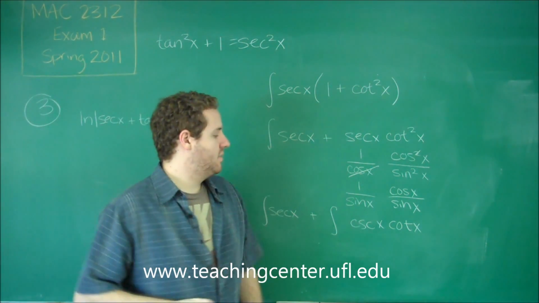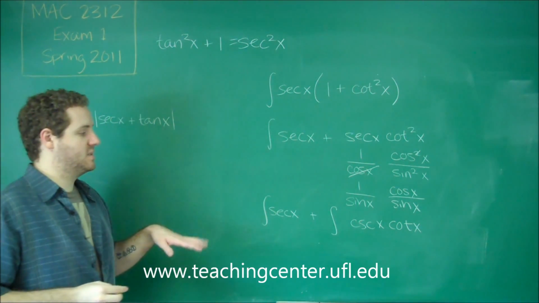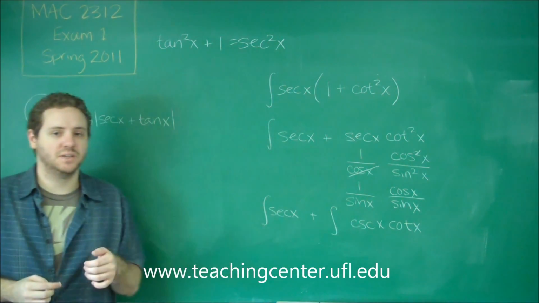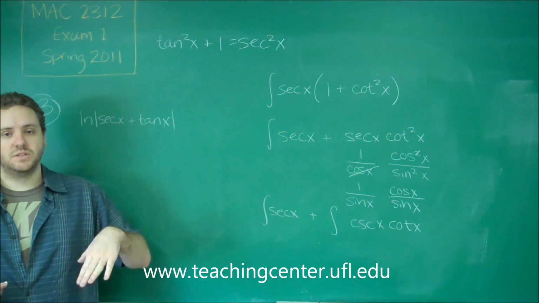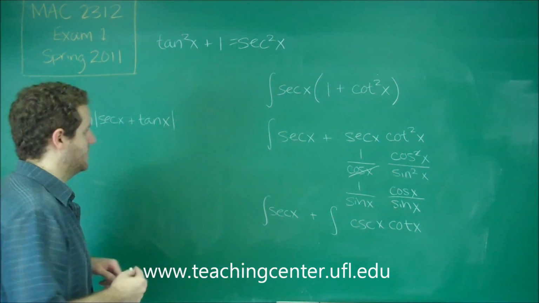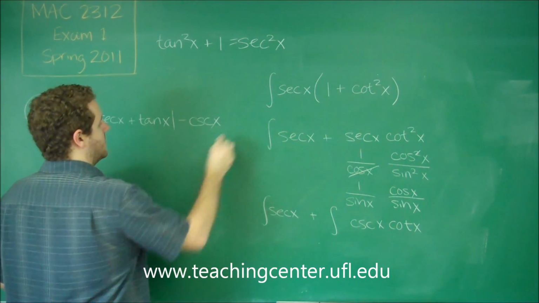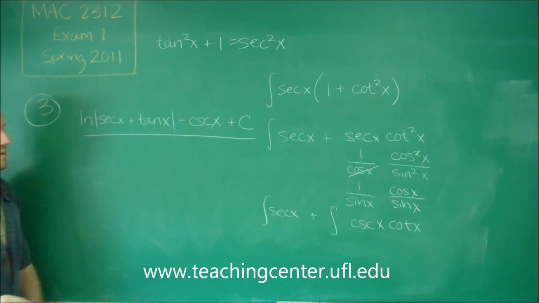The integral of cosecant x cotangent x is going to be negative. Remember, because the derivative of cosecant is negative cosecant cotangent. So if we're integrating cosecant cotangent without the negative sign, that means we have to put it back in. So we're going to get minus cosecant x plus c as our final answer, because that was an indefinite integral.